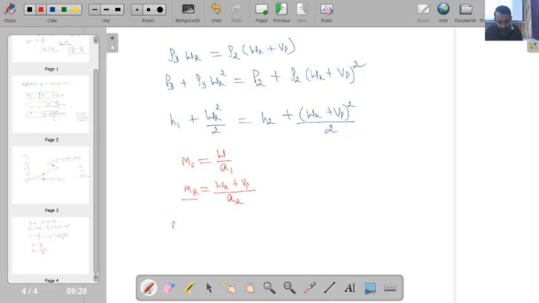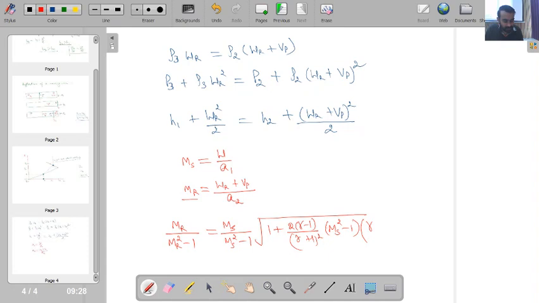So from here I will get that Mr by Mr square minus 1 equals Ms by Ms square minus 1 into square root of 1 plus 2 times gamma minus 1 divided by gamma plus 1 whole square into Ms square minus 1 multiplied with gamma plus 1 by Ms square.